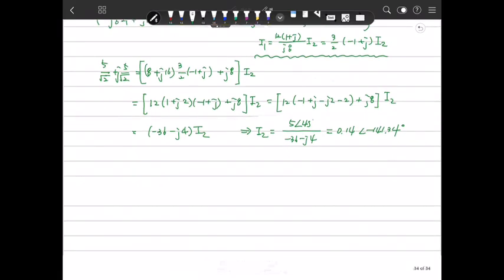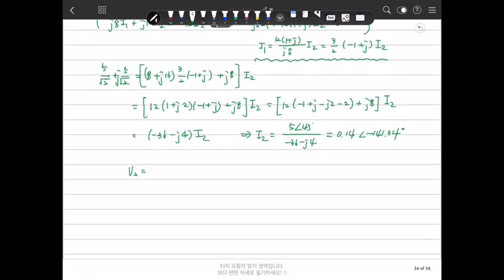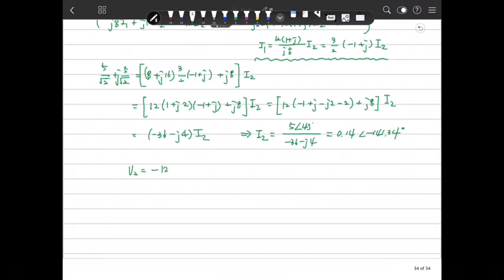So from here we can calculate the V2. V2 is here, you know that the V2 is that values minus 12 I2. Therefore 66 degree.